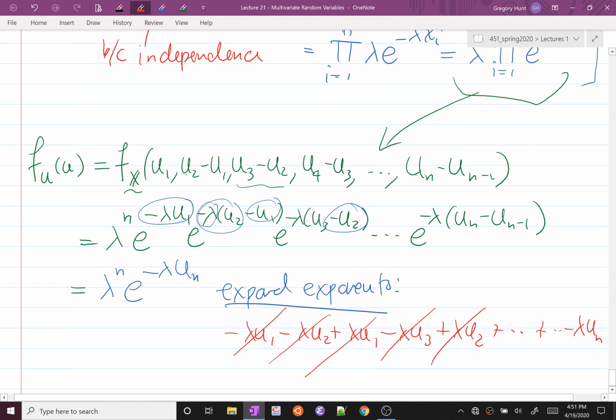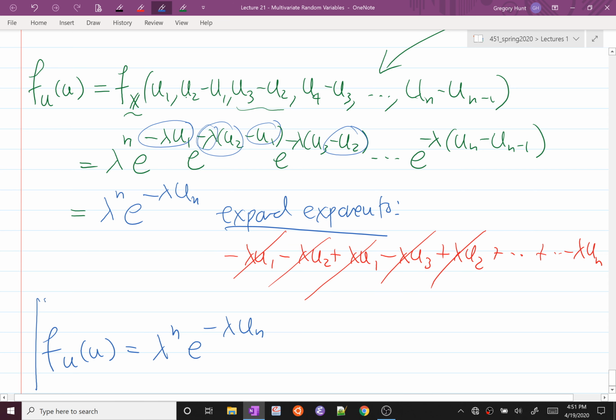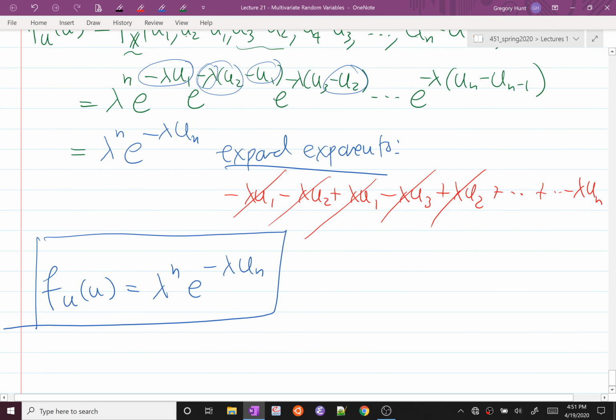So that fully kind of answers the question, which is that the joint distribution of the u's is lambda to the n, e to the negative lambda u sub n. So that's my joint distribution of the u's. And this is true. It's interesting that the joint distribution of the u's only depends on the last one.